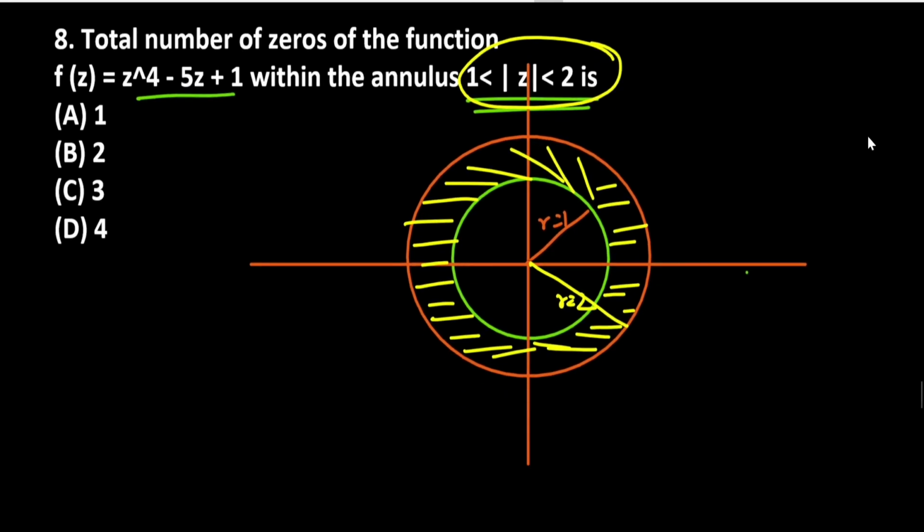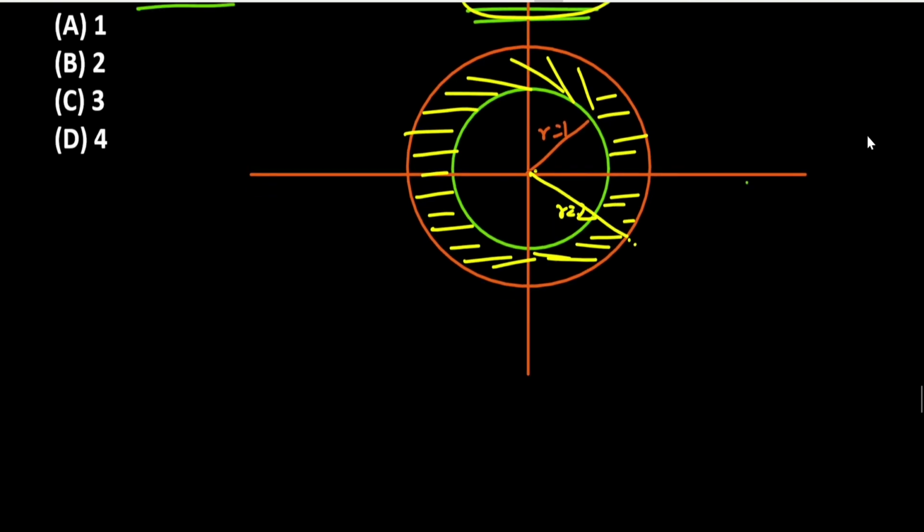So we use Cauchy theorem here. First we find the zeros inside the small circle with radius 1, and then find the zeros inside the circle of radius 2, that is the total, and then subtract these two, and we get our required result.